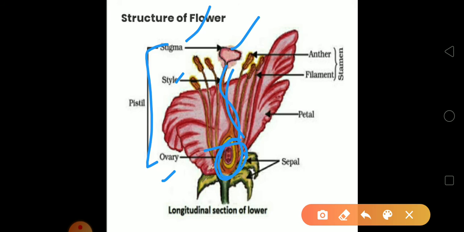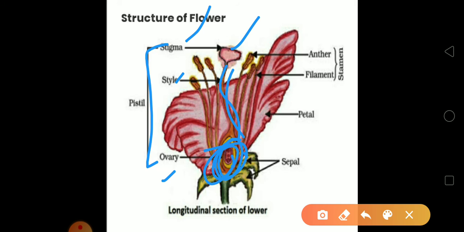The style bears the stigma in a suitable position to receive the pollen. Okay. And this is the ovary, the swollen, hollow, basal part that contains ovules. Here the ovules are present.